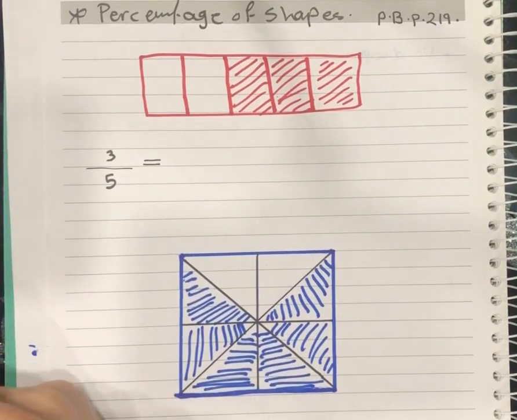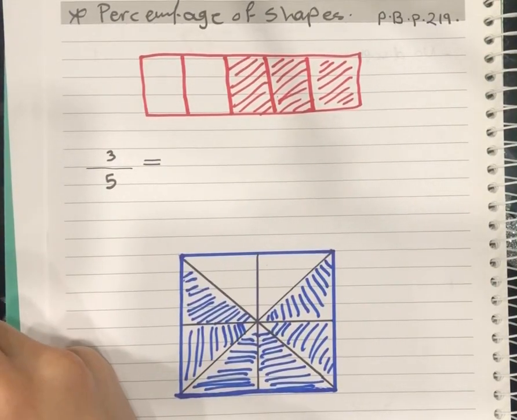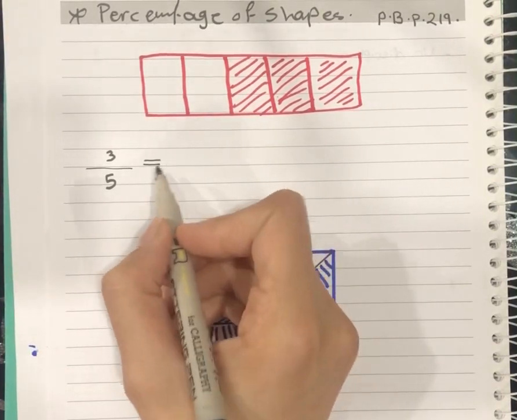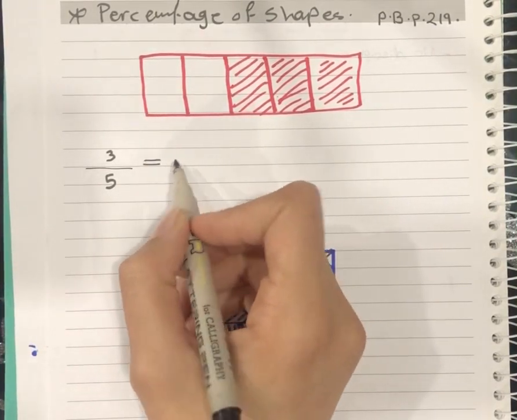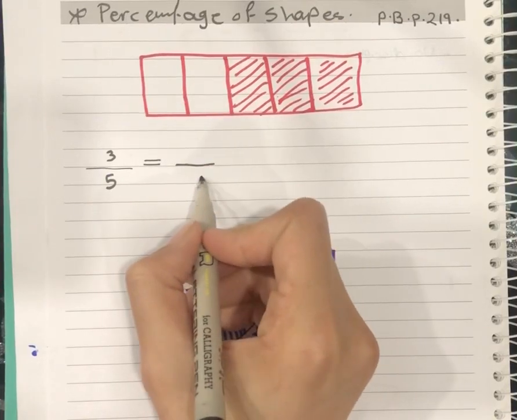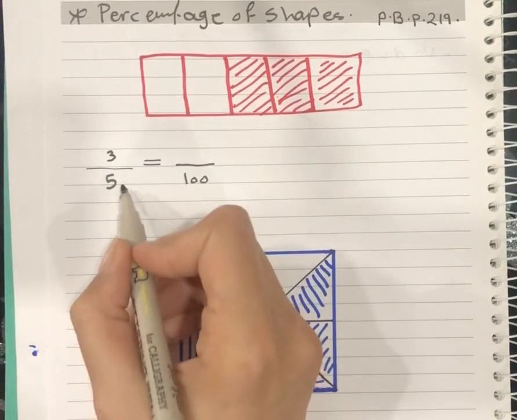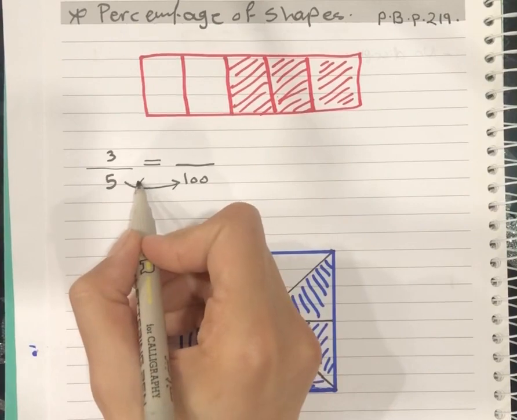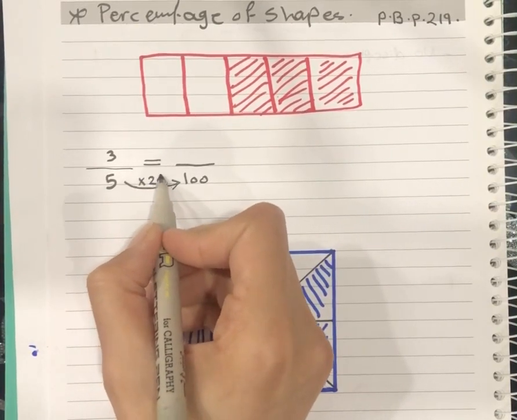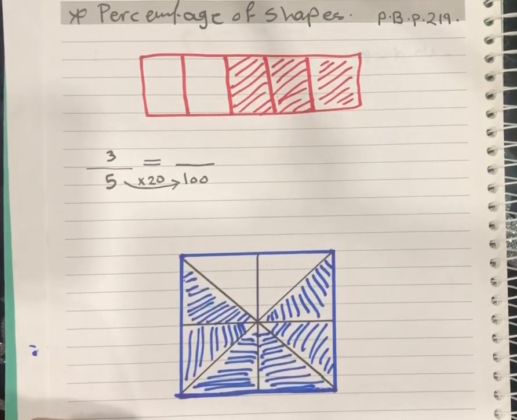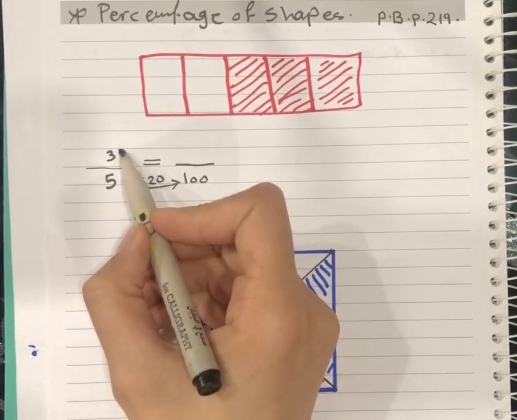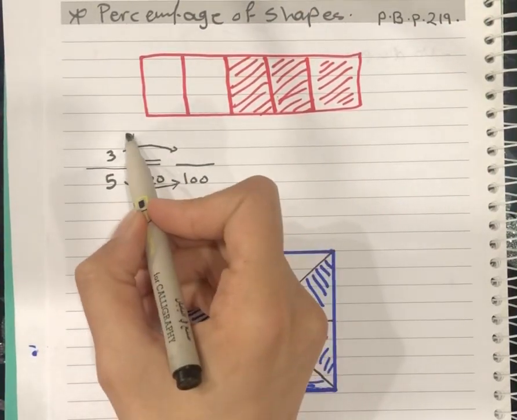Now, this fraction, if it's required to write it as a percentage, now we're going to use the skills that we learned in the previous lesson, where to write any fraction as a percentage, the denominator has always to be 100. So for the 5 to become 100, we multiply it by, that's right, 20. That was in the box of hundreds that I gave you. And of course, we have to do the same for the numerator.